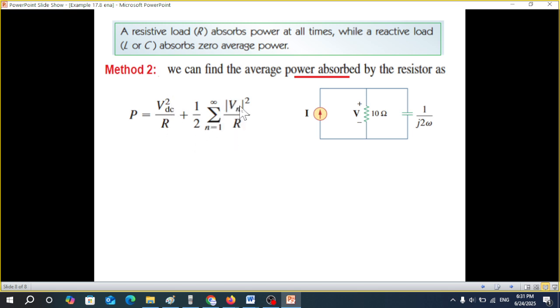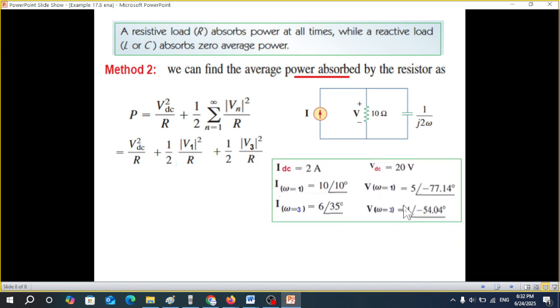Similarly for AC also, Vn square over R. And plugging in the values, now we're dividing this into two parts. For omega 1, we're calling it V1. For omega 3, we're calling it V3. And putting the values here that we have got, VDC 20, V1 is 5, and V3 is 1, all divided by R. And solving here also we find the answer 41.297.